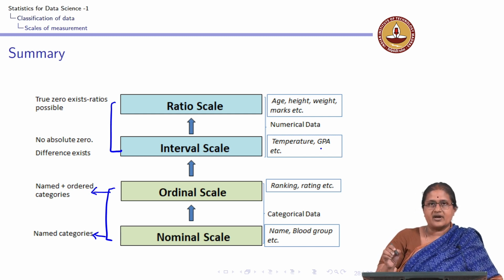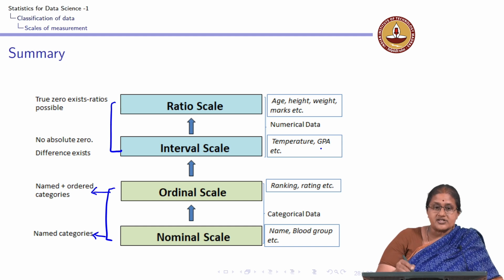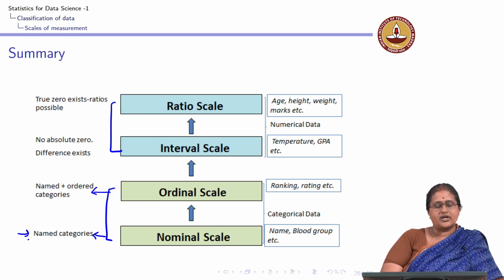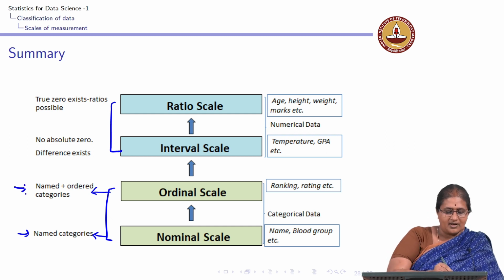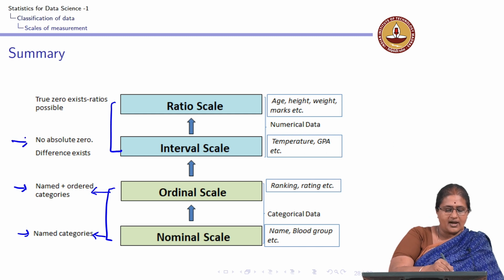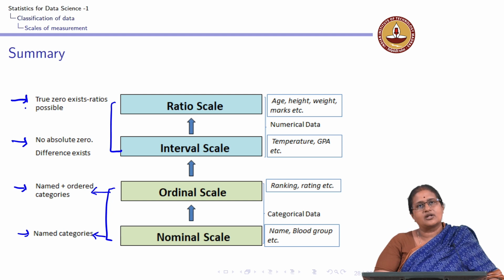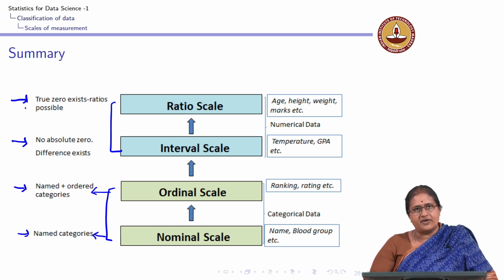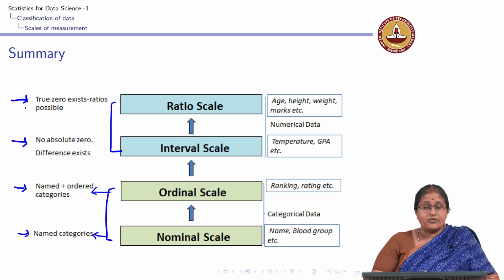Whenever we are given data, why are we interested in the scales of measurement? Here you can see no arithmetic operations are possible. Here I can have some sense of an order. Here I can do addition, subtraction. Here I can do all arithmetic operations. So, the minute I identify the variable, the type of questions I ask makes sense.